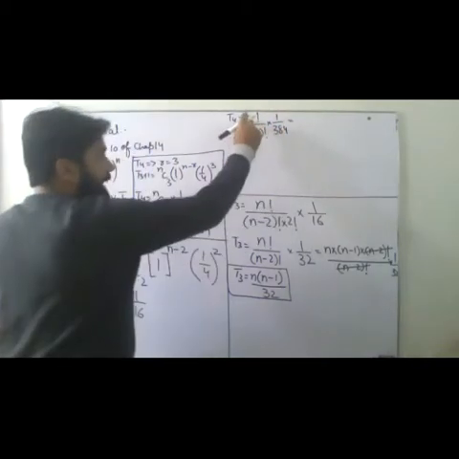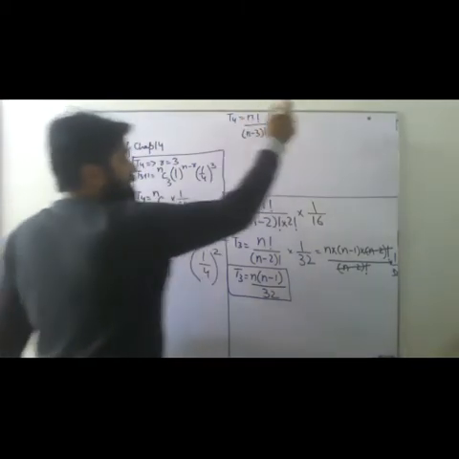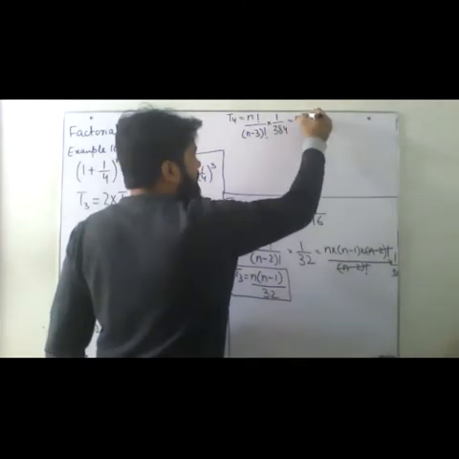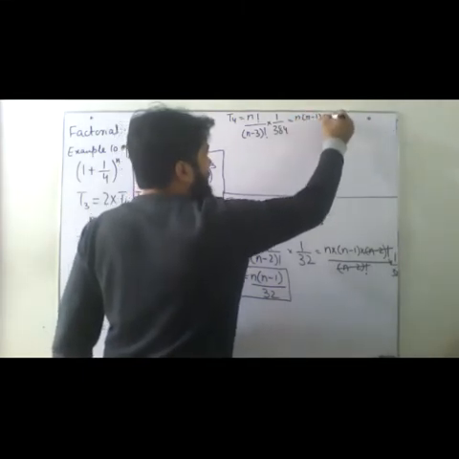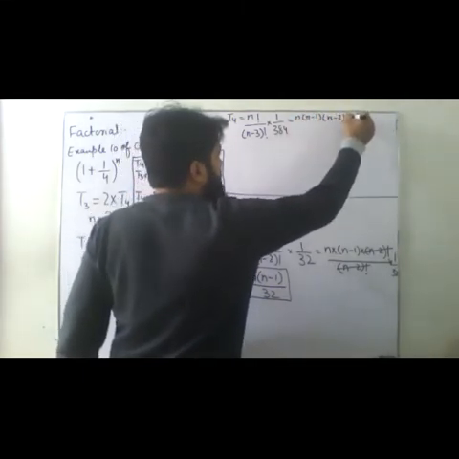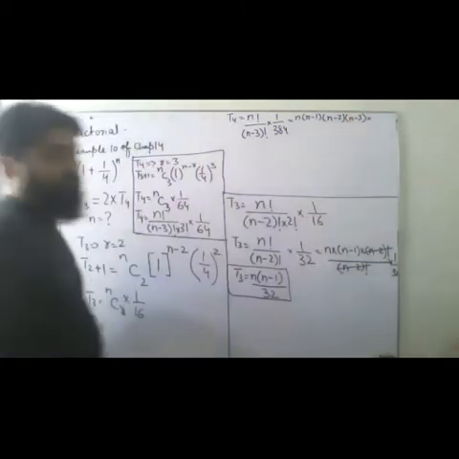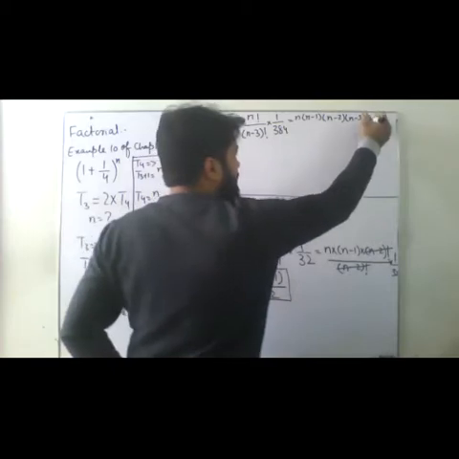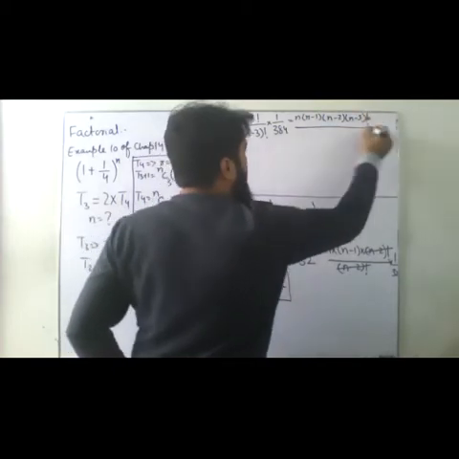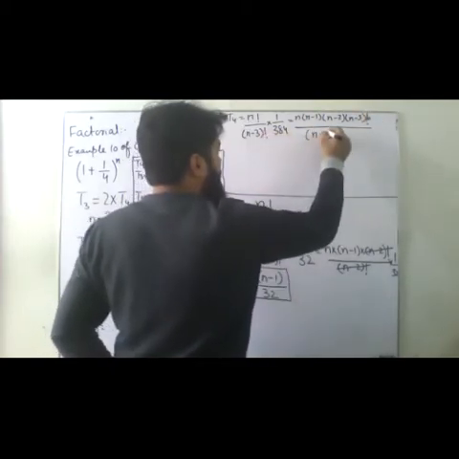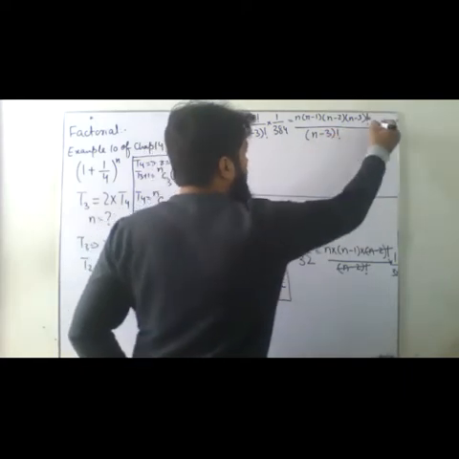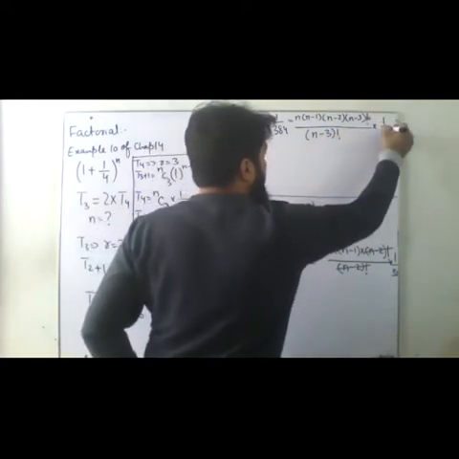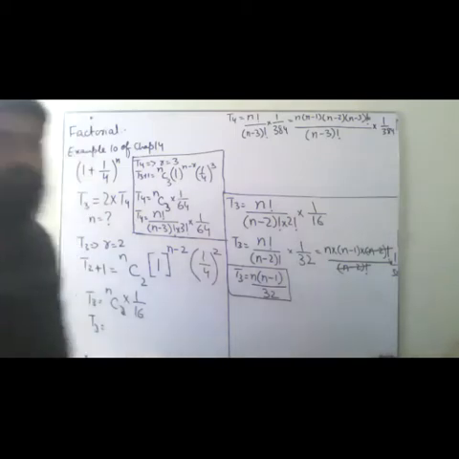Keeping it like that, again simplifying, this will be expanded: n minus 1, n minus 2, n minus 3. As soon as I see n minus 3 is there, stop over there, factorial. n minus 3 factorial multiplied by 1 over 384.